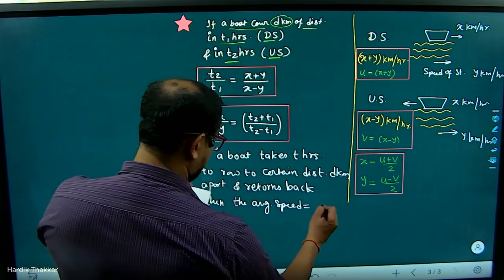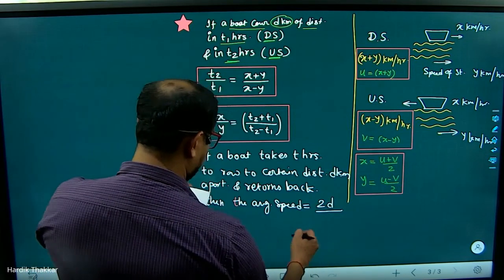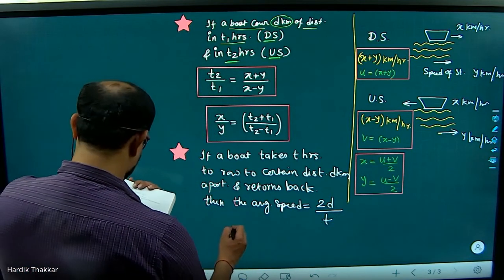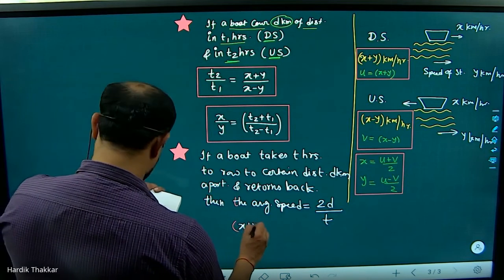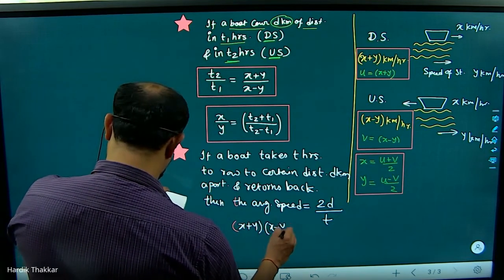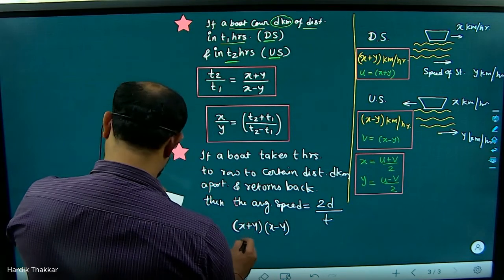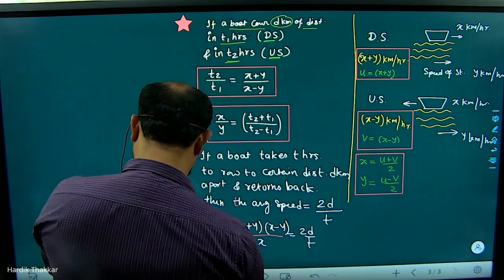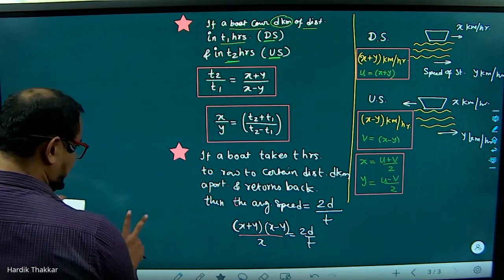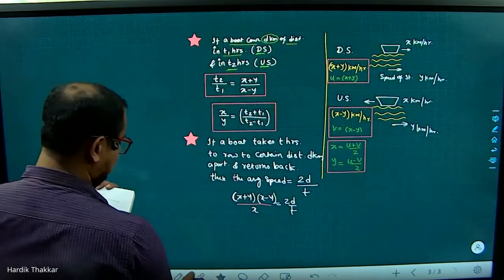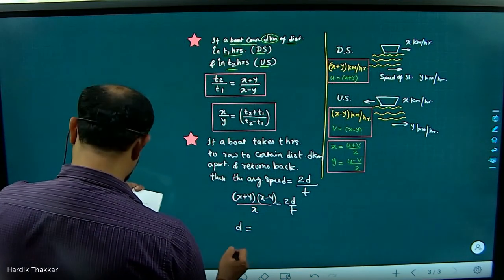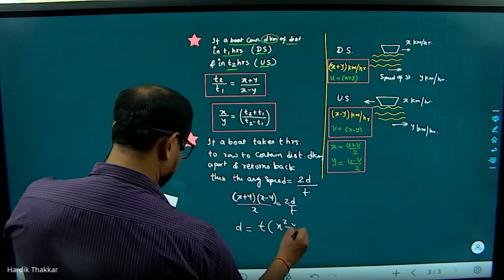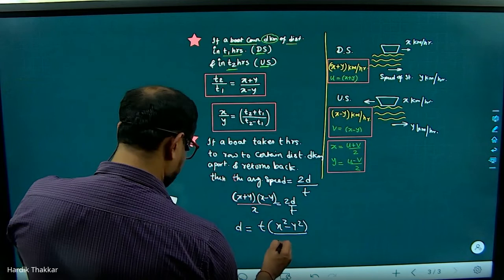So it will be total distance, that is 2d, divided by total time, that is t, or we can say that (x plus y) into (x minus y) divided by x is equal to 2d upon t. Further, we can simplify it and write it like this: d is equal to t times (x square minus y square) divided by 2x.